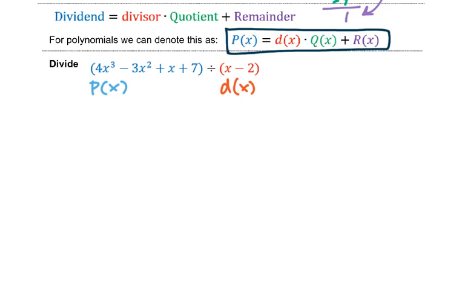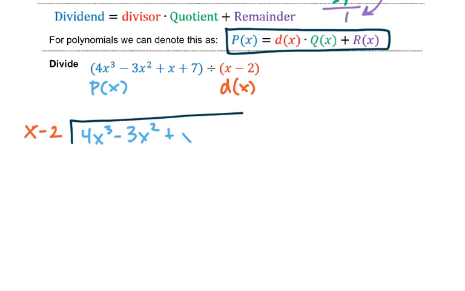So I'm going to write my divisor in front, x minus 2, and create my house, and I'll write my quotient underneath. So 4x cubed minus 3x squared plus x plus 7. And that all goes underneath my house that I'm setting up for division here.